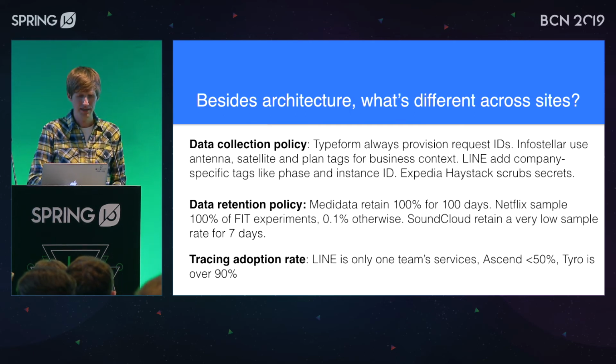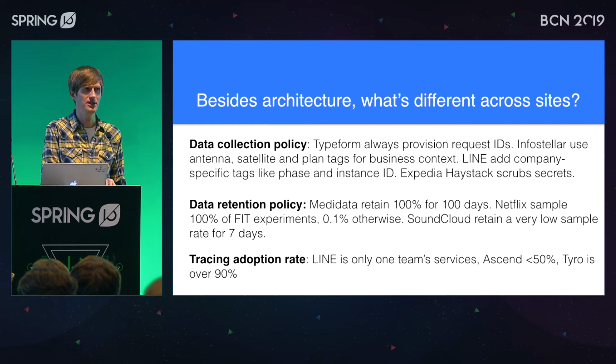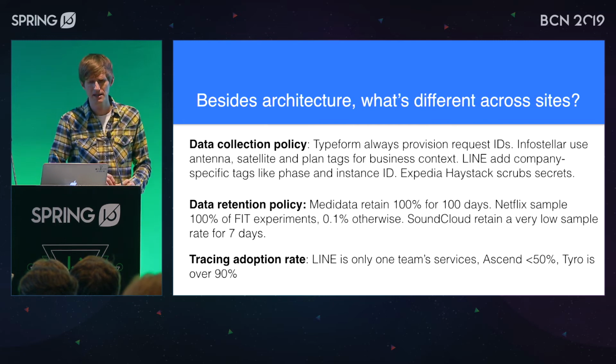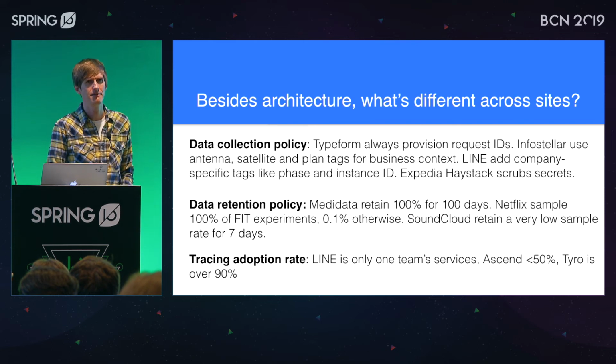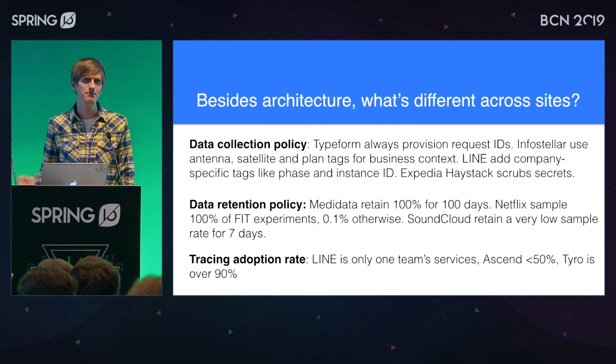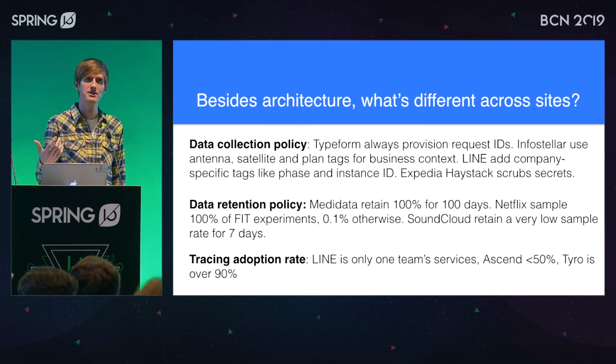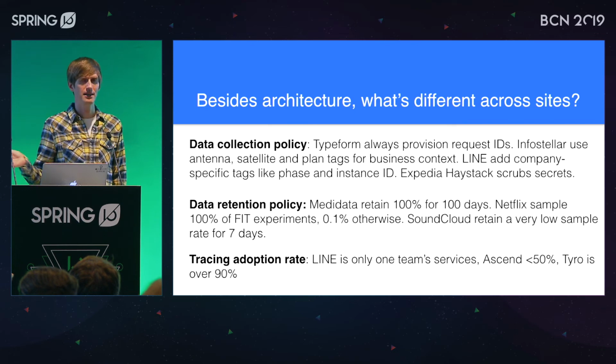The other thing is, I hit this before, but data retention is conditional. So Netflix used something called FIT. Basically they have a feature flag type of thing to say if an experiment is going on. And believe me, you have a lot of experiments going on if you're ever using Netflix.